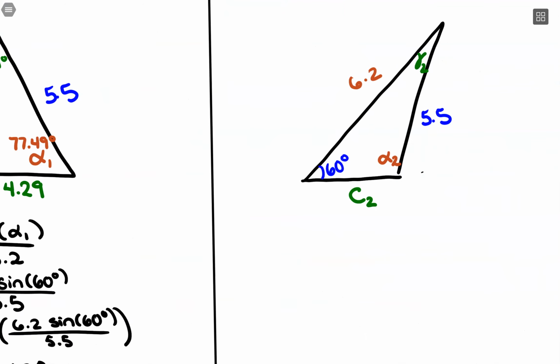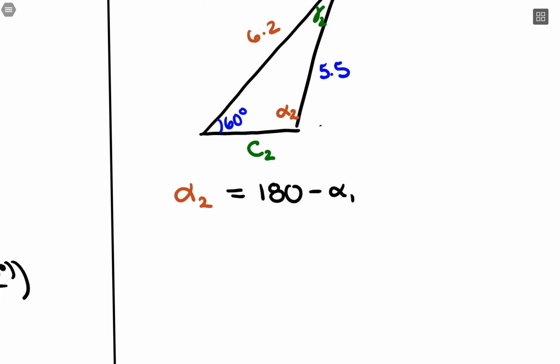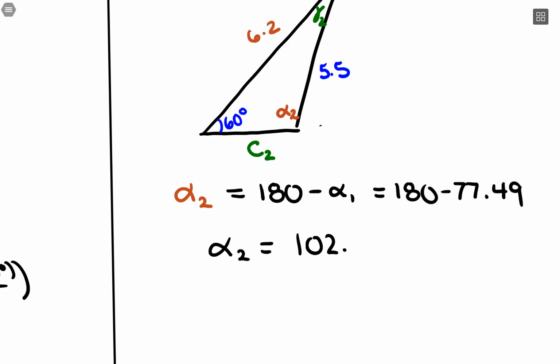So what we can do is start off by finding alpha, but we don't need to use law of sines. What we can do is just take 180 degrees minus that first alpha that we found, which was 77.49. So this second alpha value is going to be equal to 102.51 degrees.